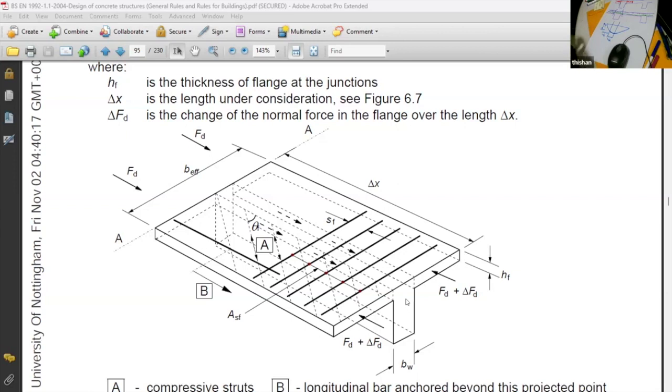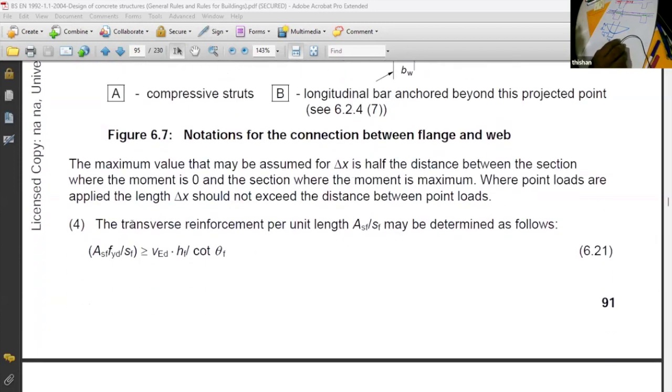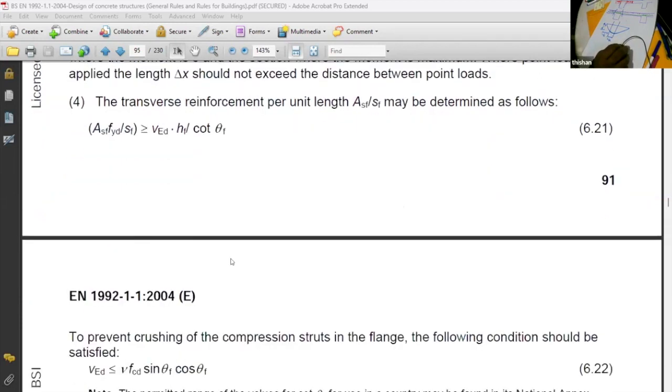But to check, you need a bending moment diagram, and then check it, and the transverse reinforcement requirement is given by this particular equation.